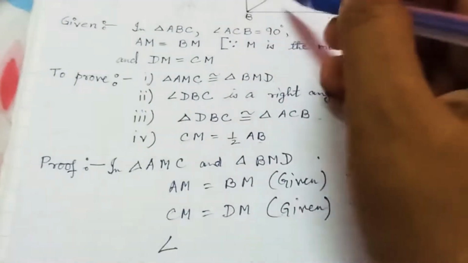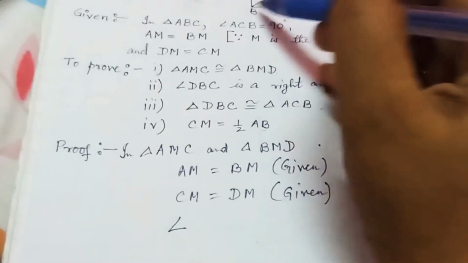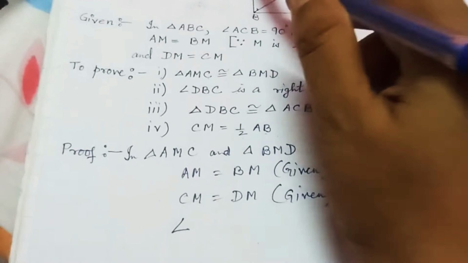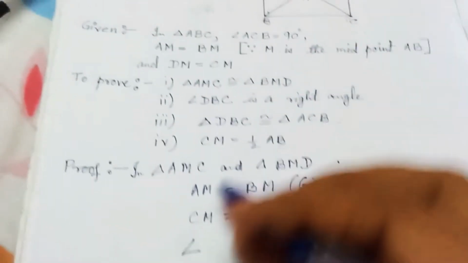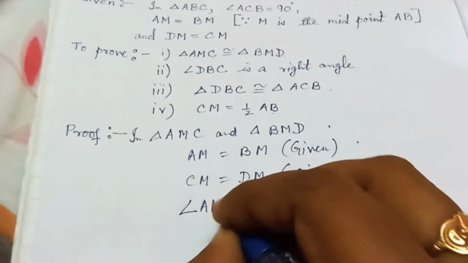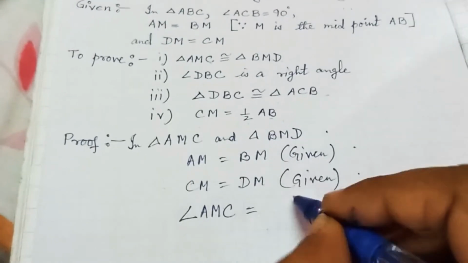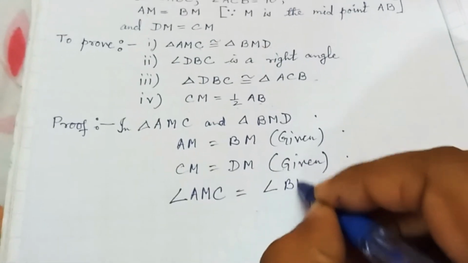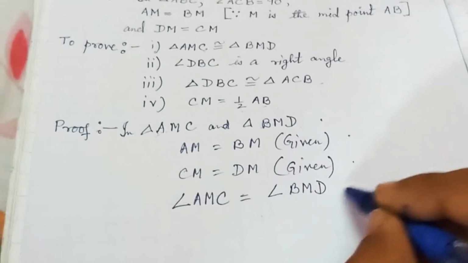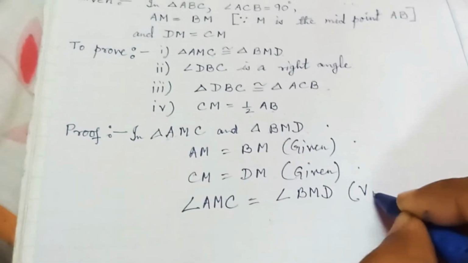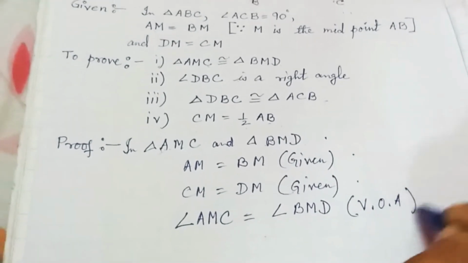And angle AMC equals angle BMD, and we take them in this same sequence. They are equal because they are vertically opposite angles.